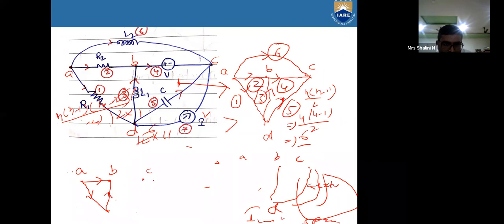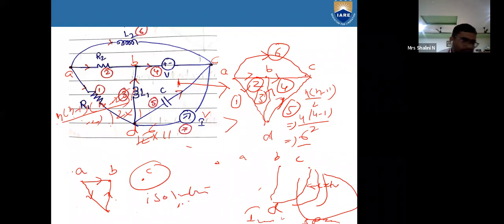Here C is there, but it is isolated. An isolated node. This type of graph is called an incomplete graph. This is an incomplete graph.